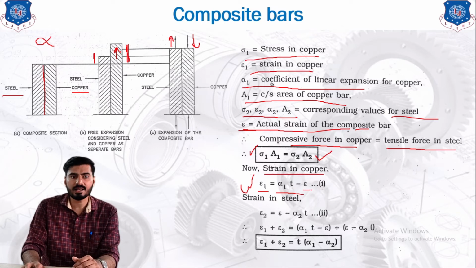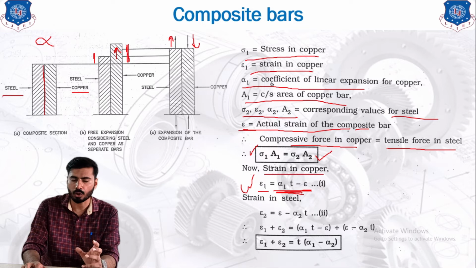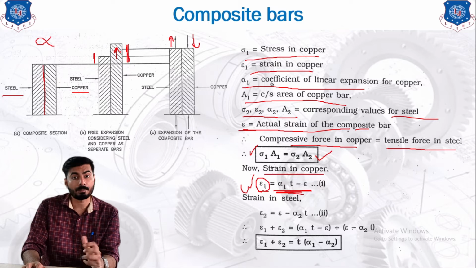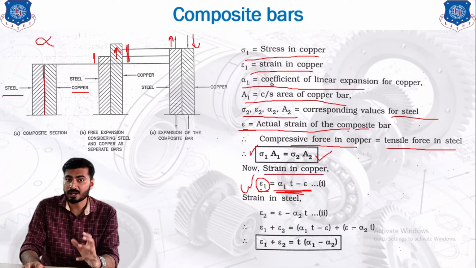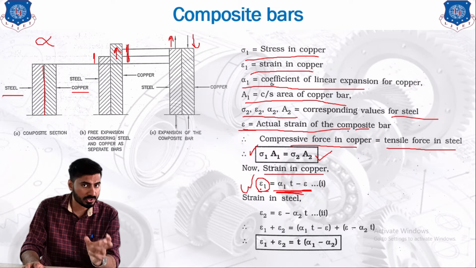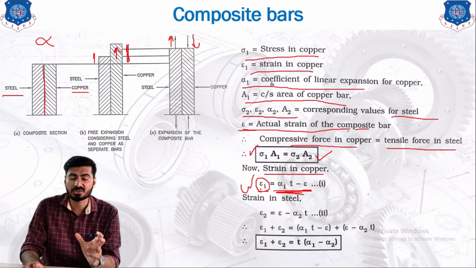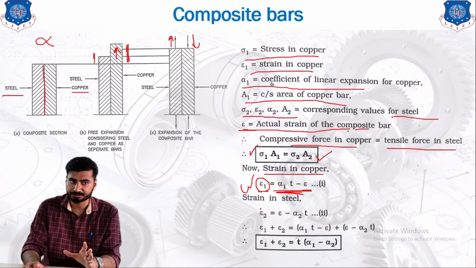But epsilon is the actual amount of strain which is acting on the entire composite bar. So if we take the difference of free expansion and the actual strain, then we can get the strain which is causing the stress in the copper material. So epsilon 1 is the amount of strain which is causing the stress in the copper material.